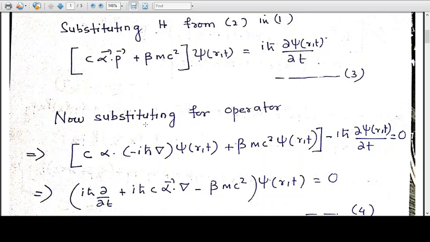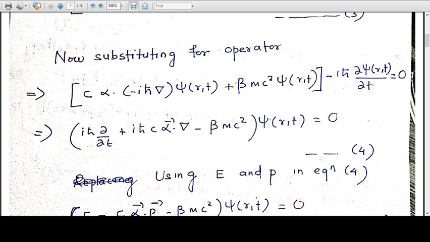So what is P? Substitute it as minus i h bar del, and i h bar dou by dou t is E. We will rearrange this equation and write it as (i h bar dou by dou t plus i h bar C alpha dot del minus beta MC square) psi of r,t is equal to 0.